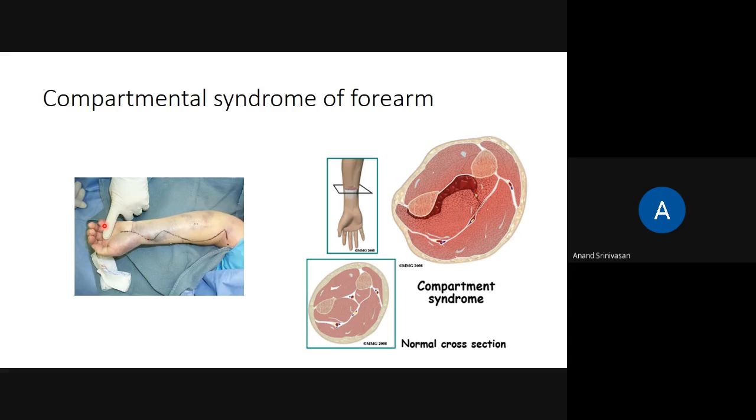Any other point to check the vascularity? You can do what is called capillary refill testing. You look at the finger, the nail. The nail is pink. You press the nail for 2 seconds and then release it.